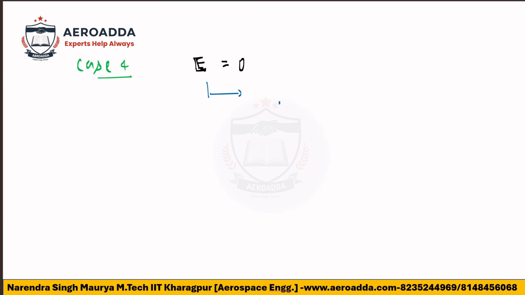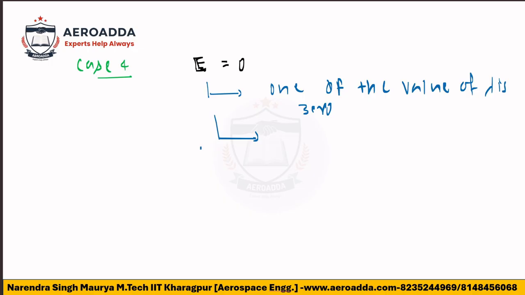One of the values of lambda is 0. Then one of the lambda will be 0, which shows dynamic unstable.